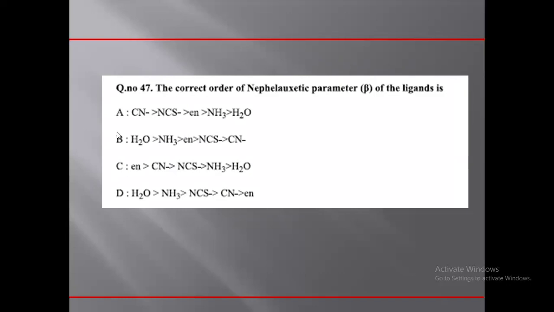In any molecule or compound, if there is less inter-electronic repulsion, then its nephelauxetic effect is more. And in the nephelauxetic parameter, the more the electron repulsion, the more the parameter. So you can see the nephelauxetic effect is inversely proportional to the parameters.